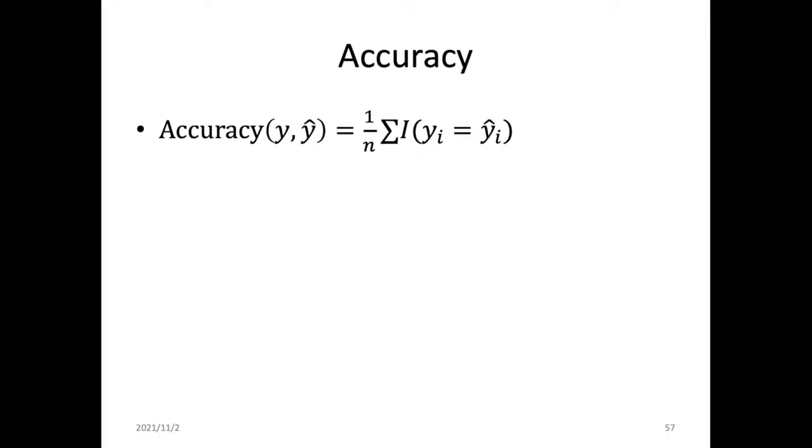Now we are dealing with multi-class classification, so for a trinary classification, each yi can only be 1, 2, or 3, and your yi hat can also only be 1, 2, or 3. We just count how many times your prediction yi hat equals yi, sum them together and divide by n. That's accuracy. Very straightforward.